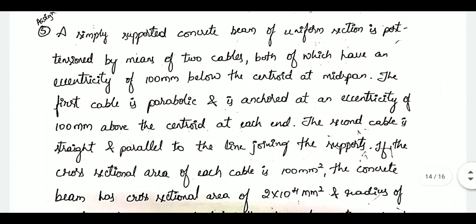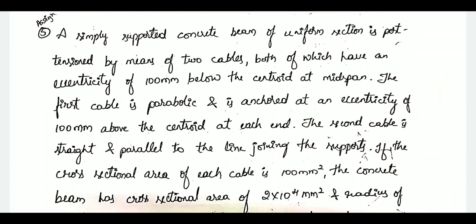So remember, see here, the first cable is parabolic, anchored at an eccentricity of 100 mm above the centroid, and both cables have an eccentricity of 100 mm below the centroid axis at midspan.